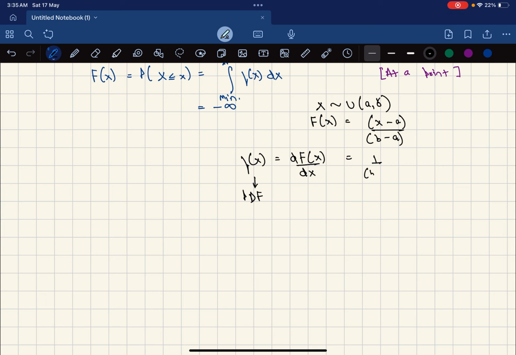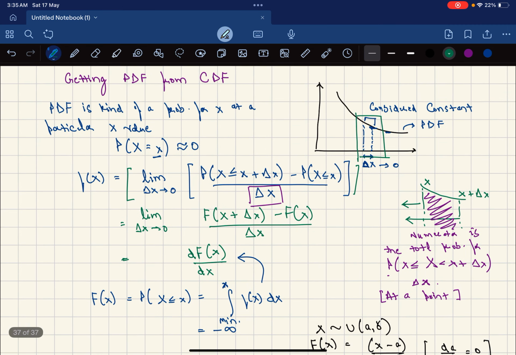This is nothing but 1 upon (b minus a), because the derivative of x, dx upon dx, is 1, and b minus a is a constant, so we can bring it out, and the derivative of a constant, da upon dx, is 0. Therefore we get the required PDF 1 upon (b minus a). And if you remember, this is also the PDF we had seen earlier for the uniform distribution. So this is how we can get the PDF from the CDF of the distribution.